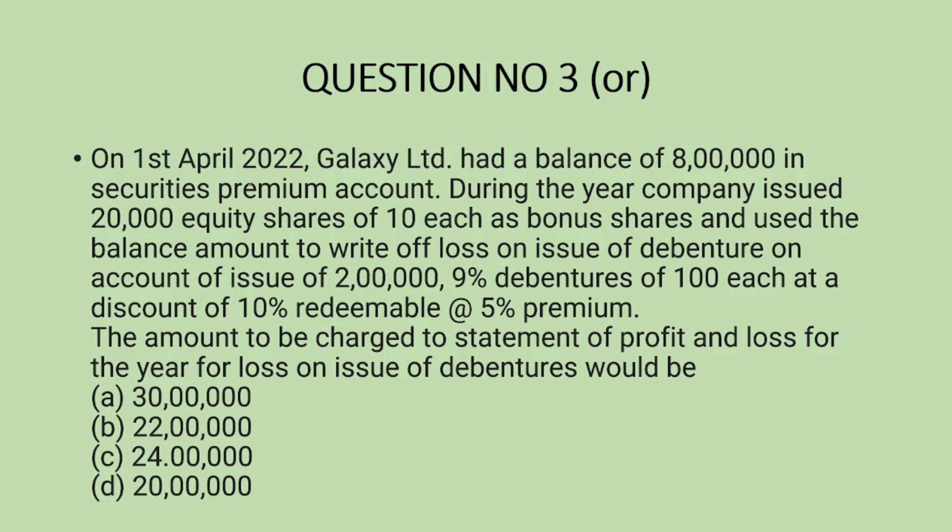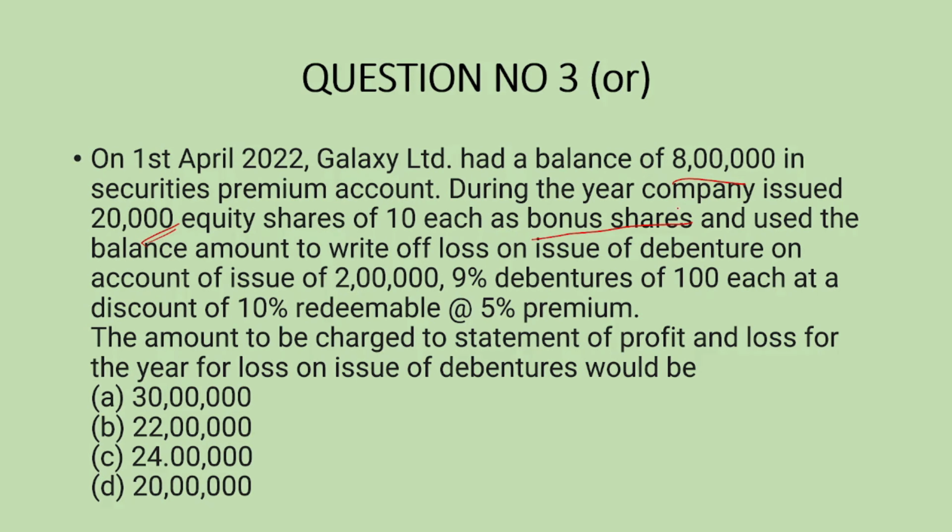The OR part of this question, another part of question number 3. On 1st of April 2022, Galaxy Limited has a balance of 8 lakhs in the securities premium account. During the year, the company issued 20,000 equity shares of rupees 10 as bonus shares.